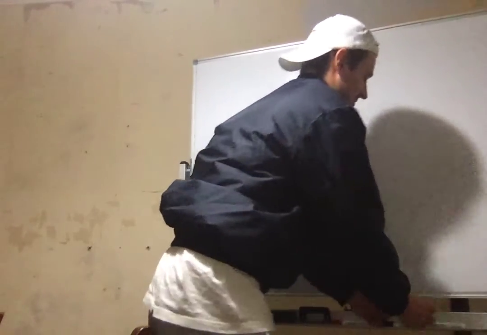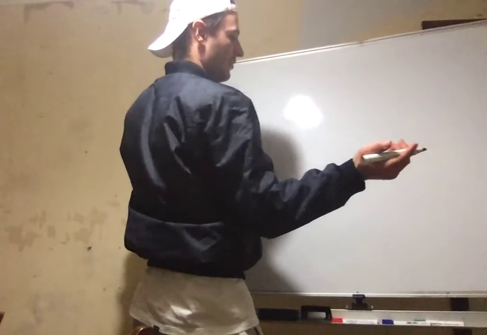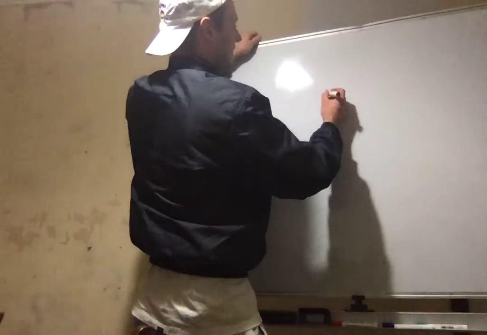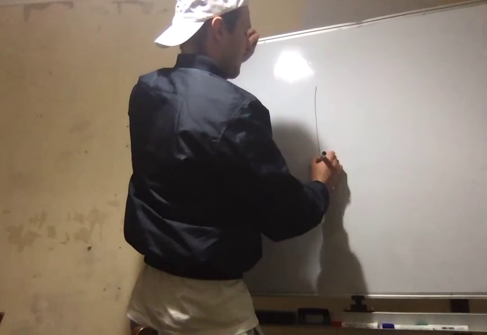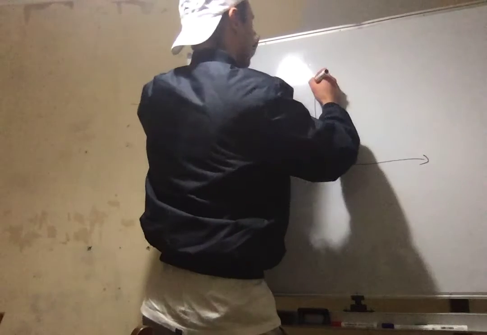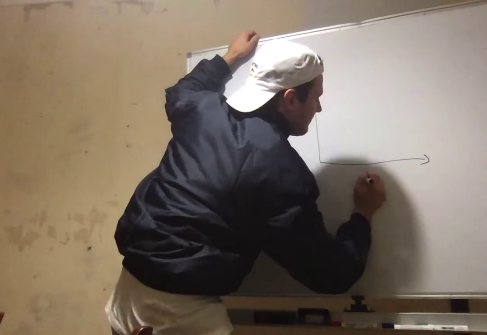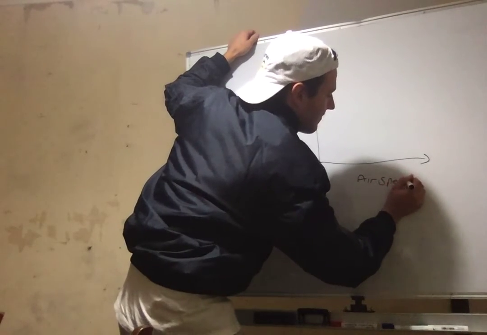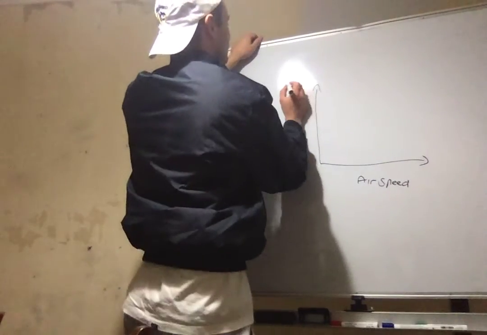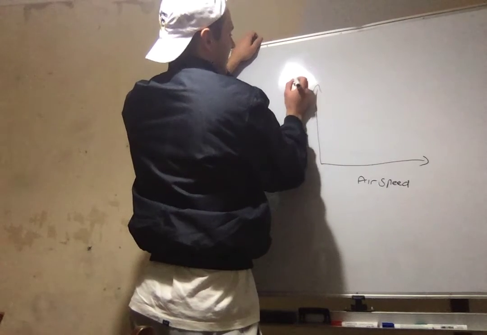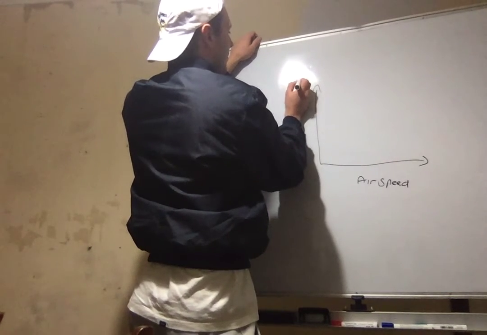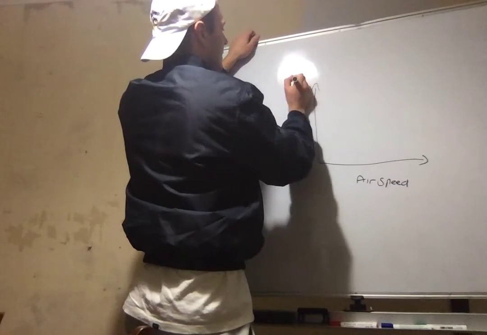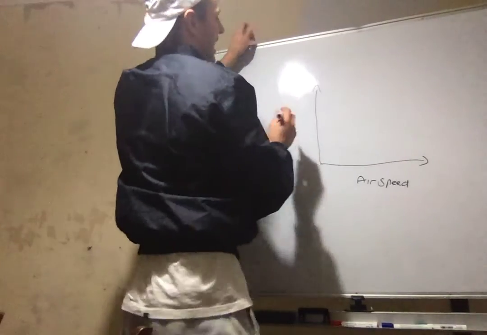Now my third graph is going to be, let me draw it. Again, this is back to our airspeed. And this is our angle of attack.